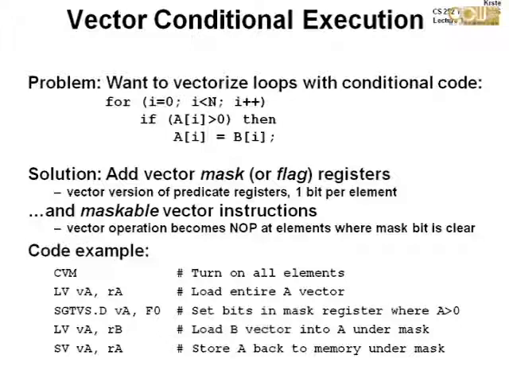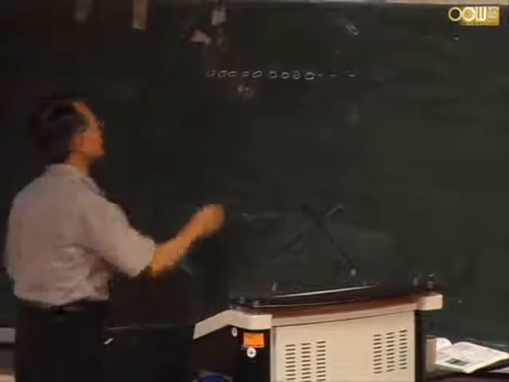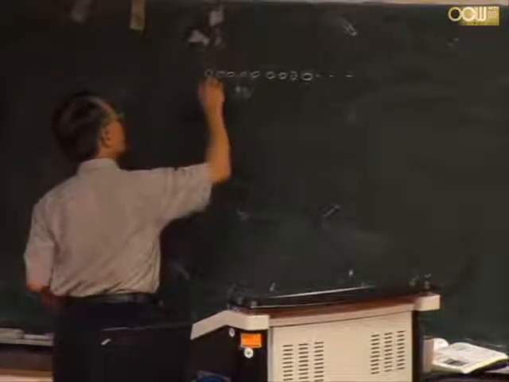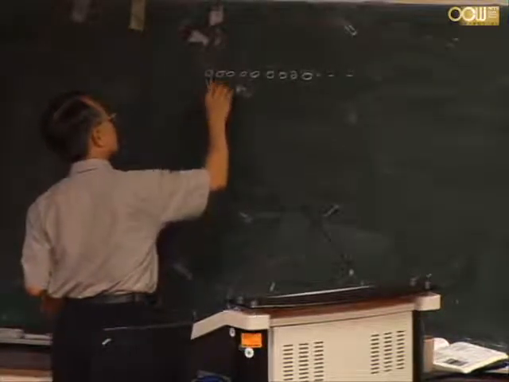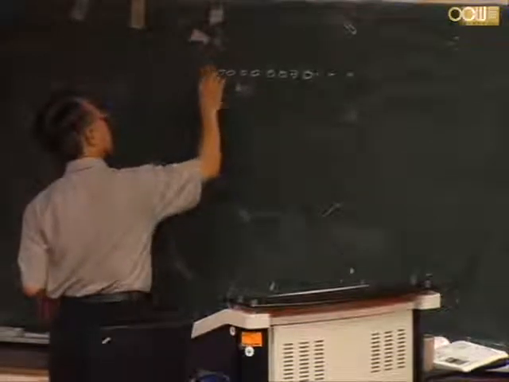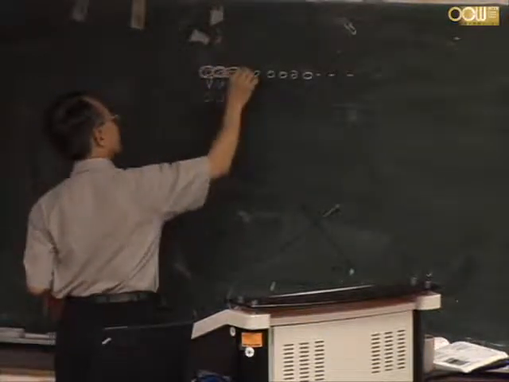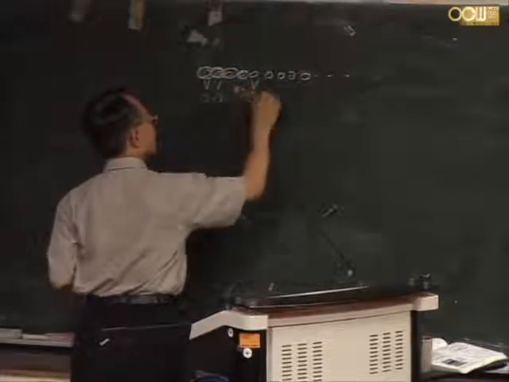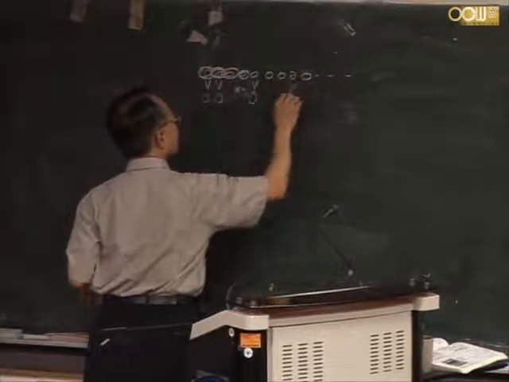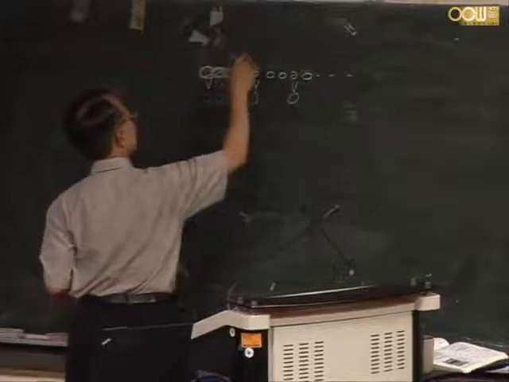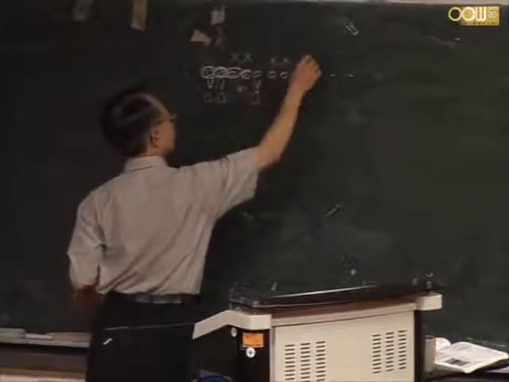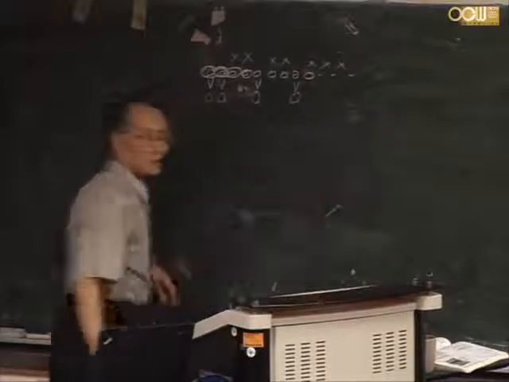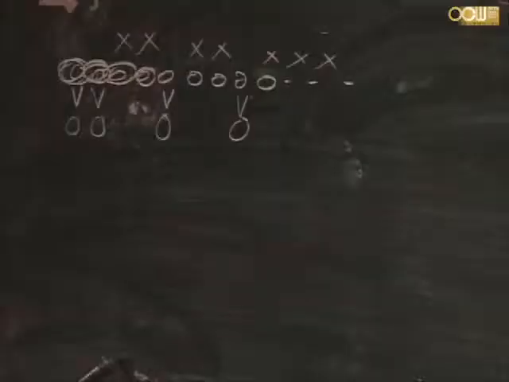You have a long vector, but you want to operate only on those elements whose values are greater than 0. Whoops, this means unknown values. You want to operate only on those whose values are greater than 0, but you don't want to make any change on these. Then what should you do?